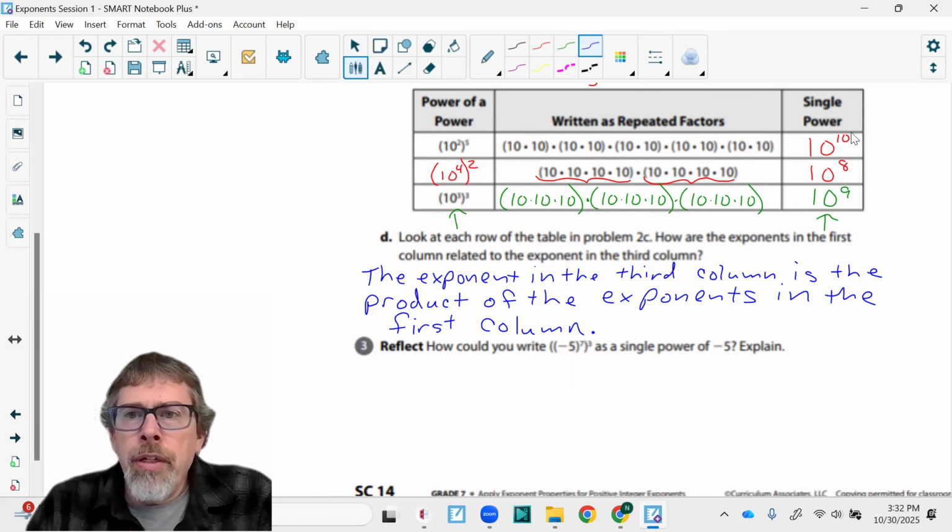Okay? The exponent in the third column is the product of the exponents in the first column.